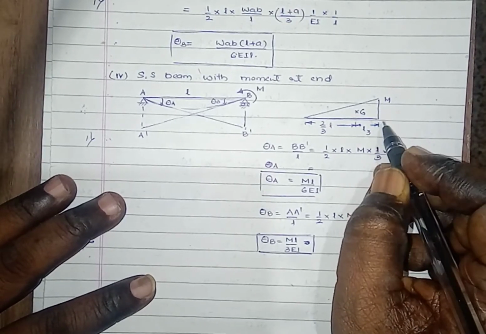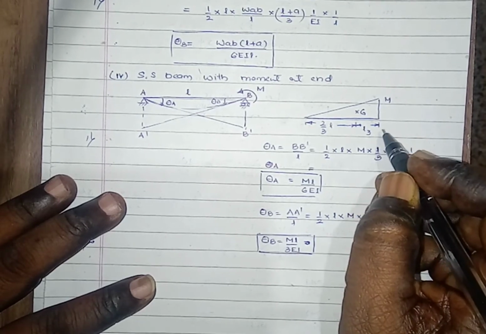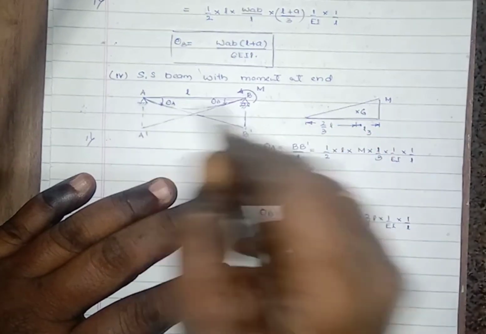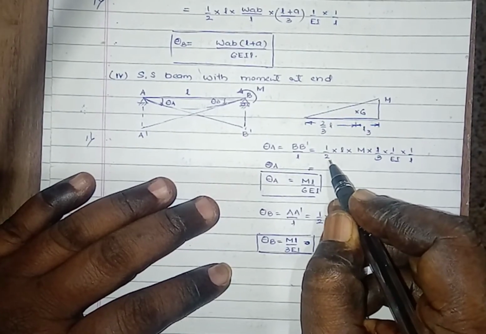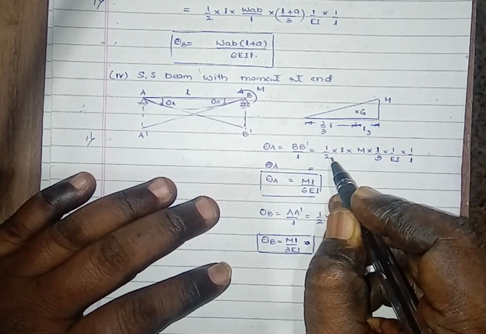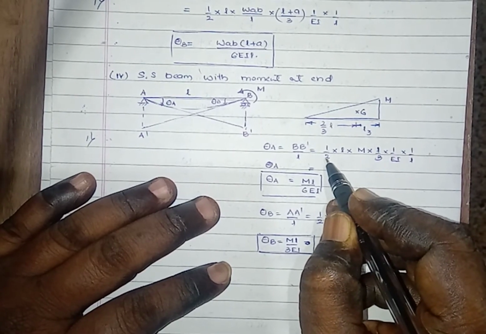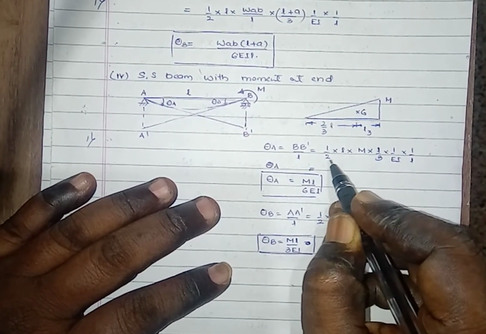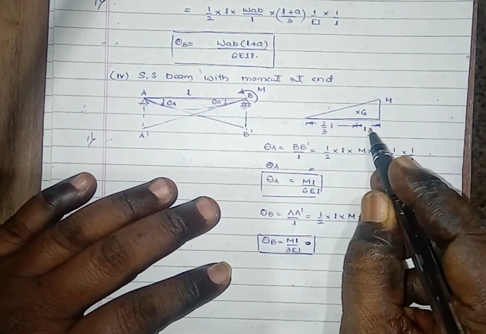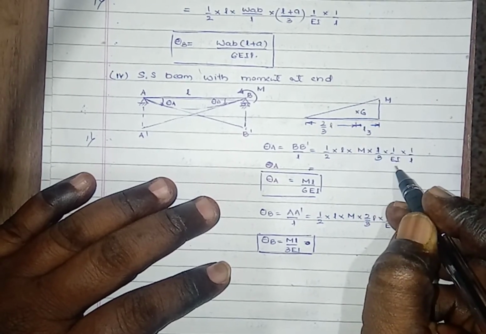This one is the sagging bending moment, ordinate at B is maximum, that is M. Then theta A equals BB dash divided by L, by moment area theorem, moment of M by EI diagram between A and B about B, that is half into span length, that is half into L, into ordinate M, into centroidal distance L by 3 from B into 1 over EI.